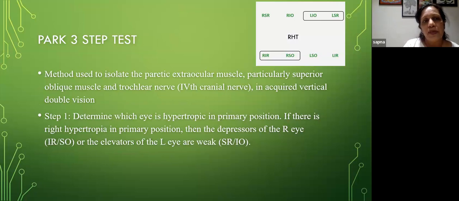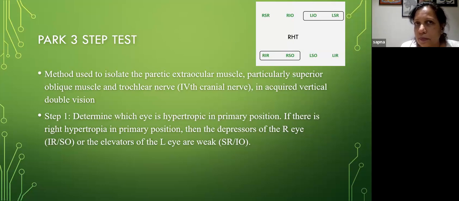To differentiate between superior oblique and superior rectus palsy, mostly we use the Parks 3-step test. So first, let us consider that there is a right hypertropia. Right hypertropia can be because of the paralysis of either the right depressors or the left elevators.